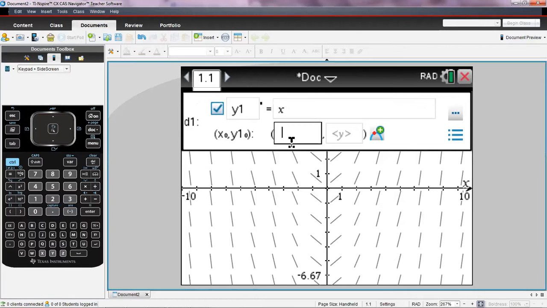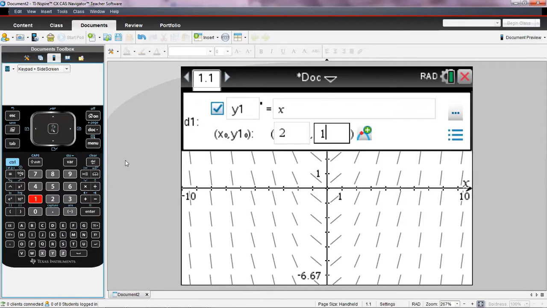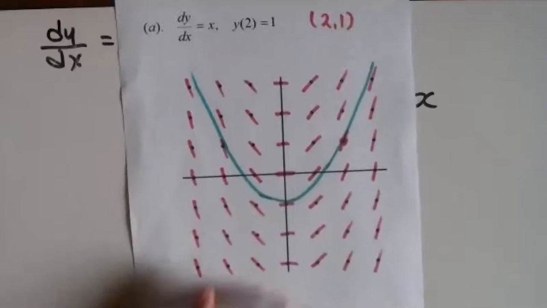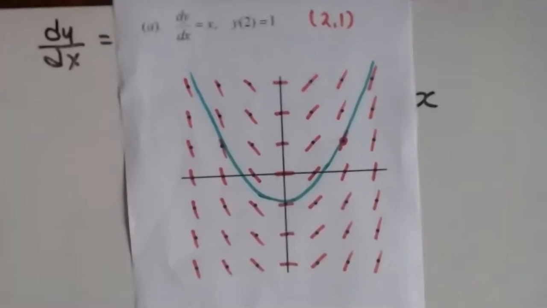Here I'm going to put the point (2, 1), and then I press enter. I see the graph passing through (2, 1). Here is the point (2, 1), you see? So it's exactly what you sketched by hand. Well, pretty much.